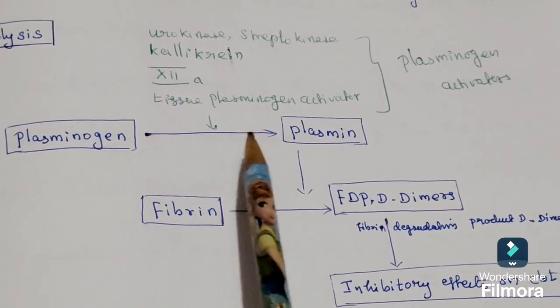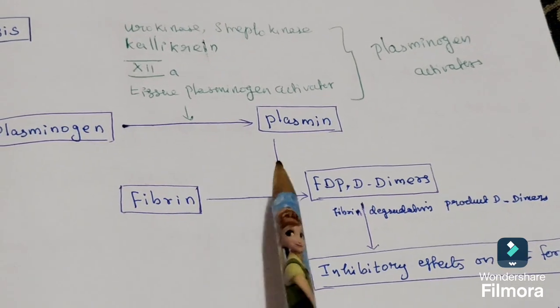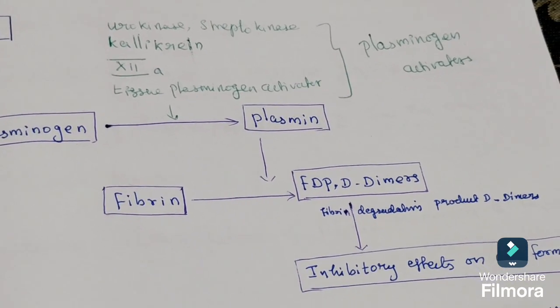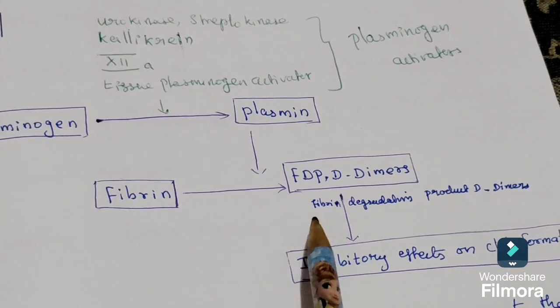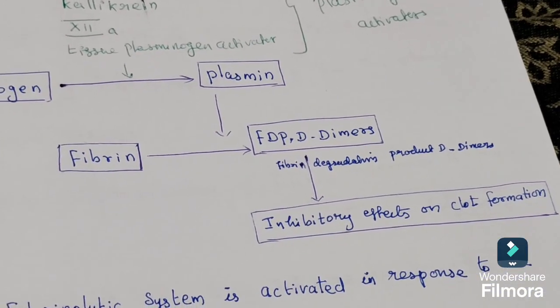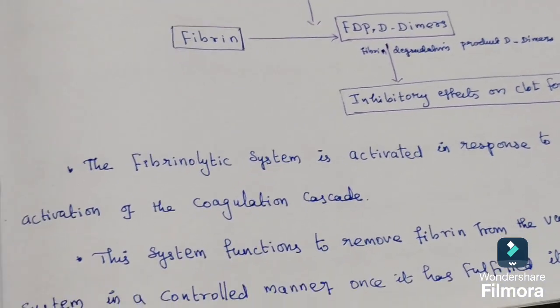So plasminogen into plasmin with the help of plasminogen activator. Then this causes degradation of fibrin to fibrin degradation product, which has an inhibitory effect on clot formation.